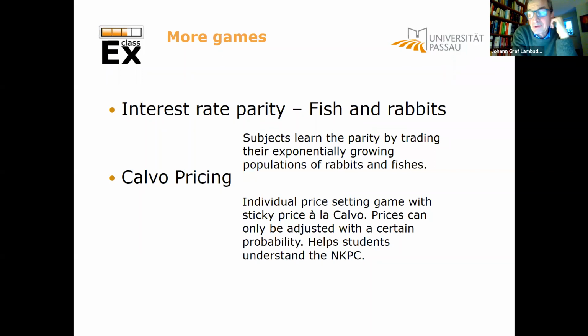Next one, we have a game on Calvo pricing. And for those macroeconomists among you, you certainly know the Calvo 1983 publication, which has become so popular. So thinking about rigidities as being responsible for price inertia and for the forward-looking new Keynesian Phillips curve.